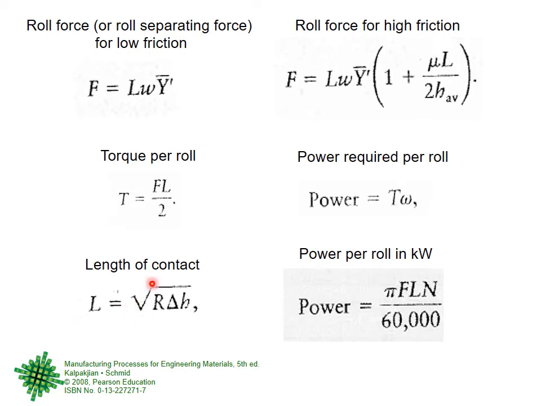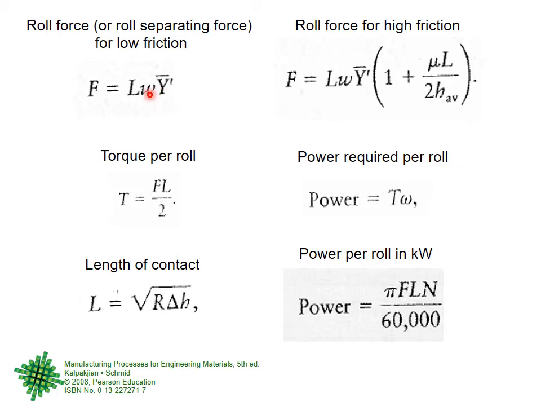L is equal to under root R delta H. Capital R is the roll radius, and delta H is the change in height or thickness that happens during the rolling process. If originally it was H naught, and finally it is H f, then H naught minus H f is the delta H. So you find the length of contact from here, then you substitute it there.